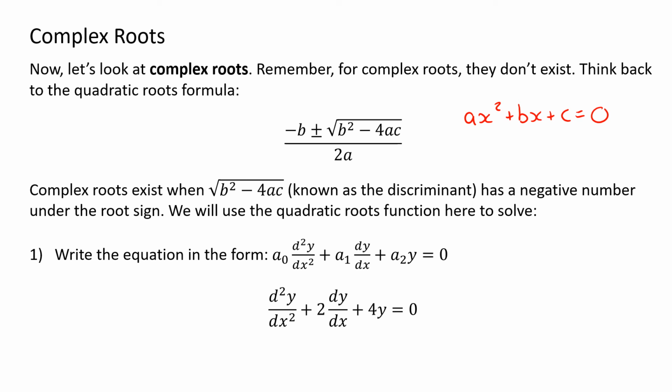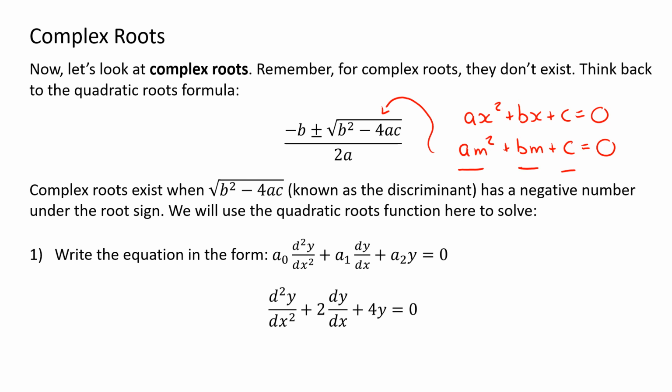Or in our case, using m, we'd have a times m squared plus b times m plus c is equal to 0. So those are the constants that you sub in to the quadratic roots formula. The trick is we're going to use the numbers in the root formula without solving them using your calculator.